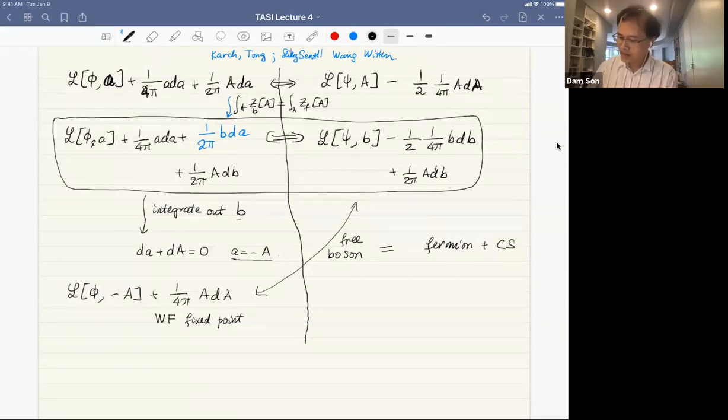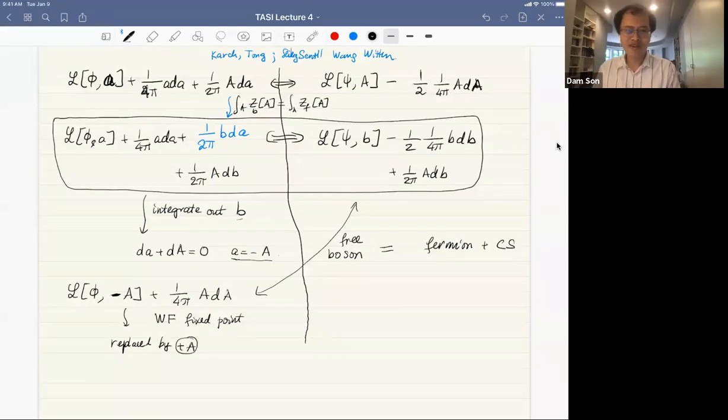Note that here I have minus A, but due to the charge conjugation symmetry of the two terms, I can flip the sign to plus A without any problem. I can replace it by plus A here using charge conjugation.